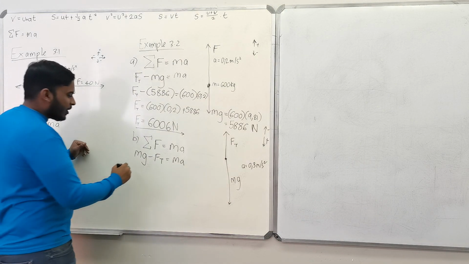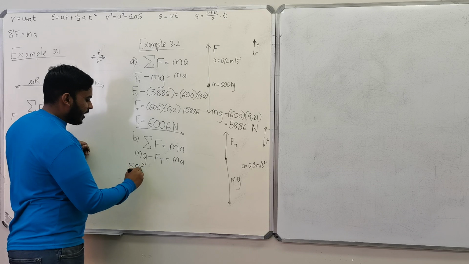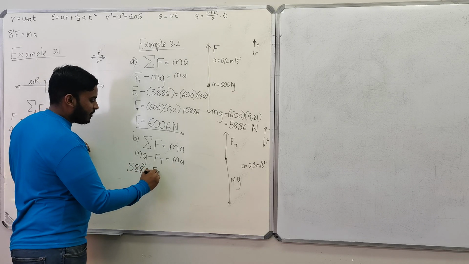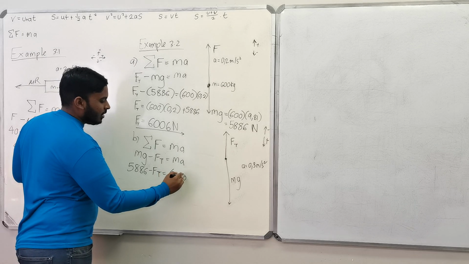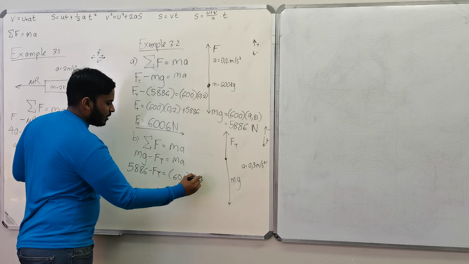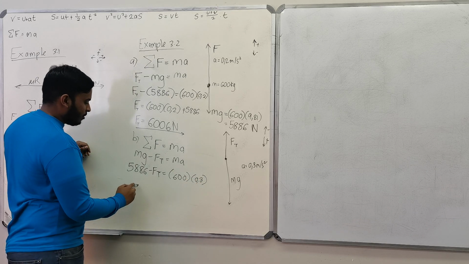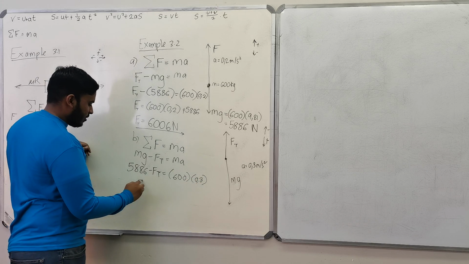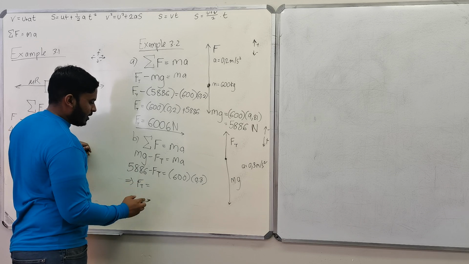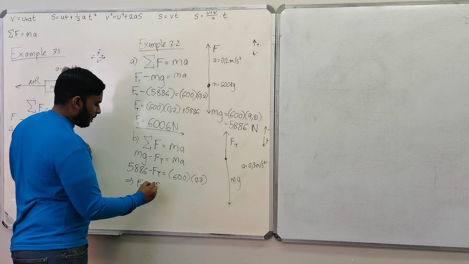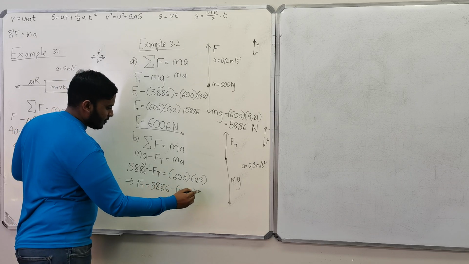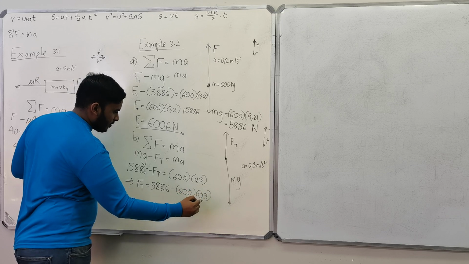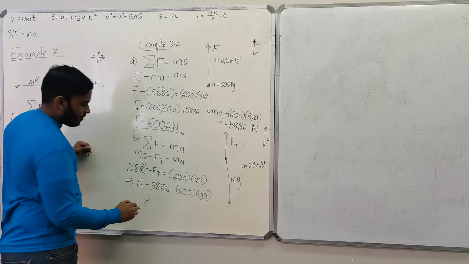So this is 5886 minus FT equal to 600 times 0.3. So FT is now equal to, what's it equal to?